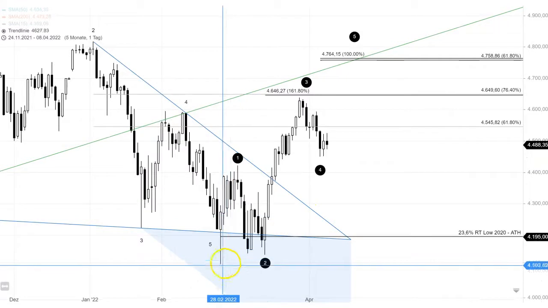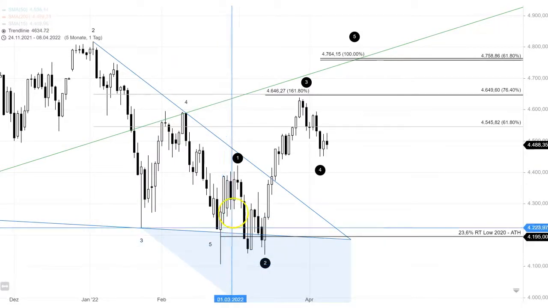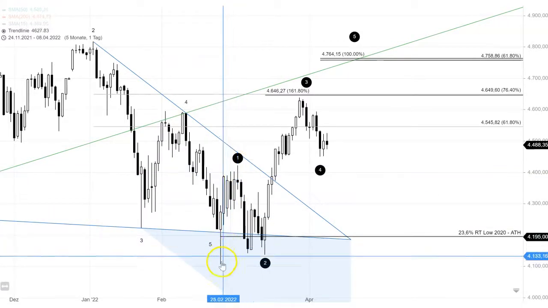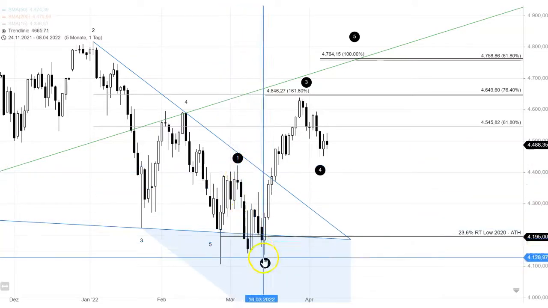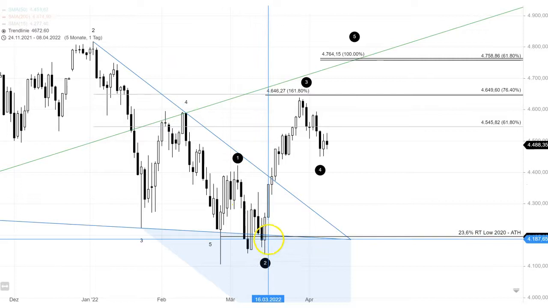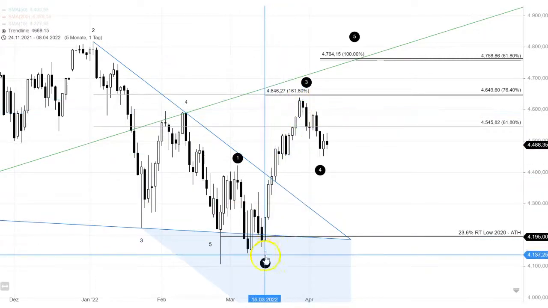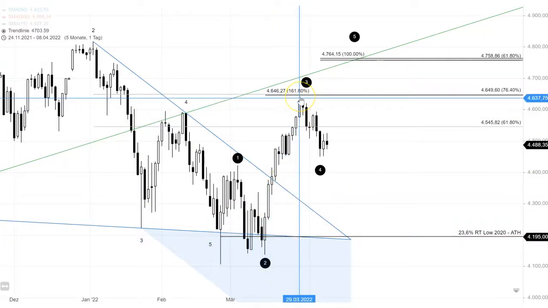And now let's have a closer look at these black numbers I put here. That is just my count based on Elliott, and I consider this one here as my starting point as wave 1, wave 2 to the downside, and now it's quite interesting what happened here on that third wave. You know, the third wave is usually the strongest, and also it should be the longest as well.